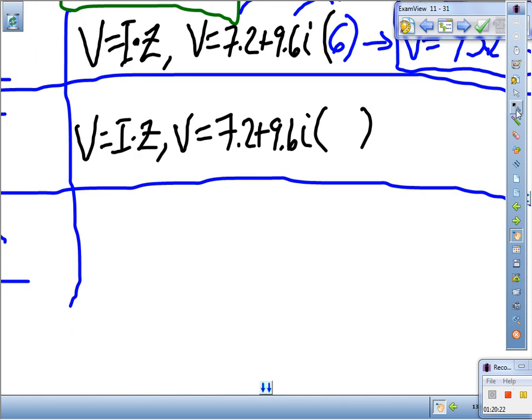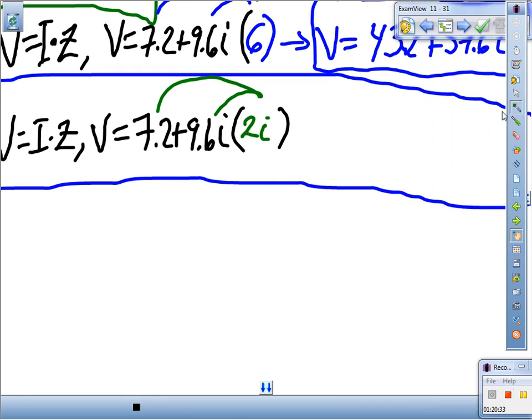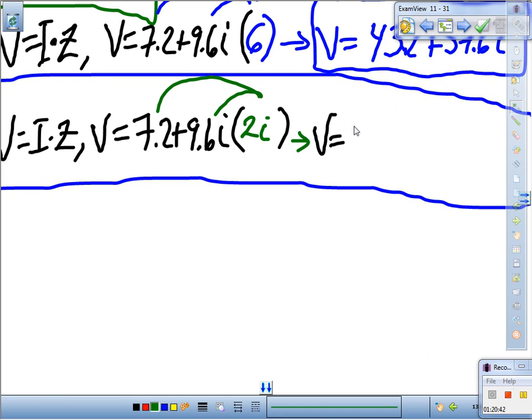So I write that right there, 2I, and I distribute. So I end up with V equals 2 times 7.2, that's 14.4I. 2 times 9.6, that's, bless you, 19.2I squared.